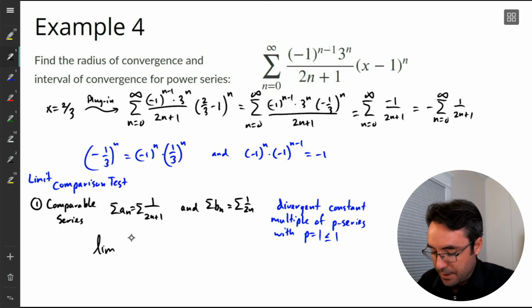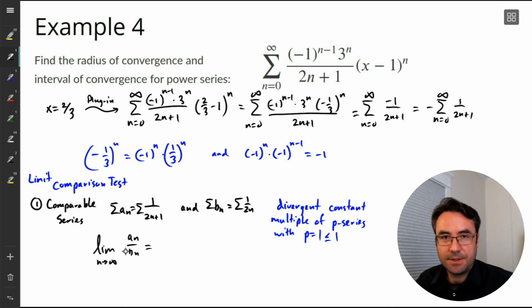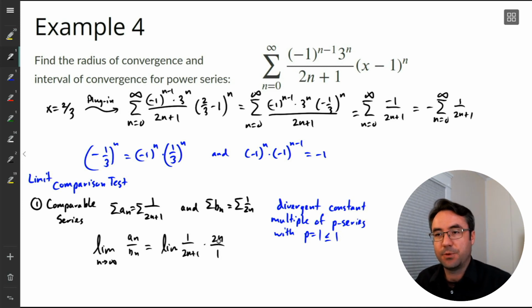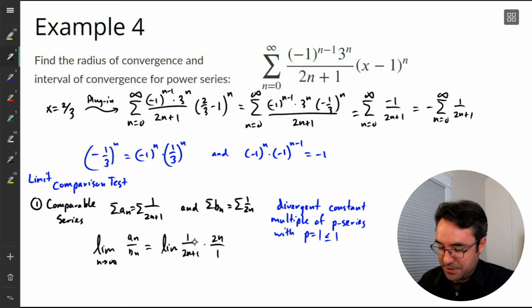So we're going to do the limit of an over bn as n goes to infinity. Let's write this out. So we'll do the limit of 1 over 2n plus 1 times 2n over 1, the reciprocal here. This is an, and this is the reciprocal of bn.